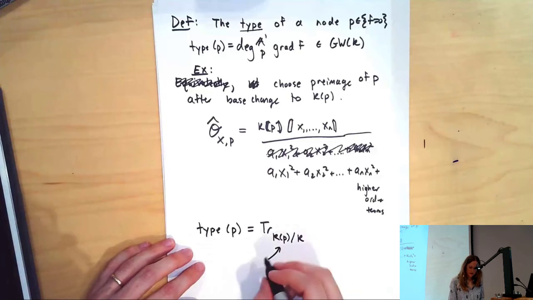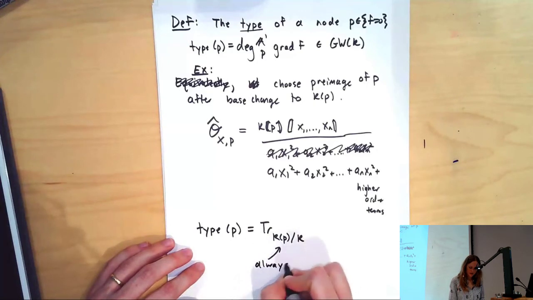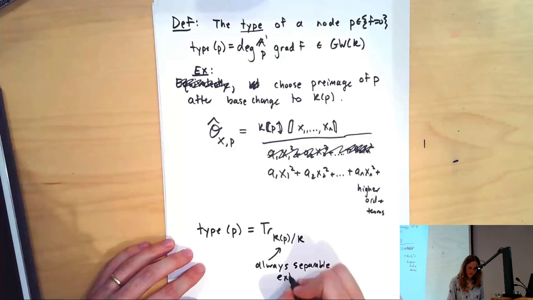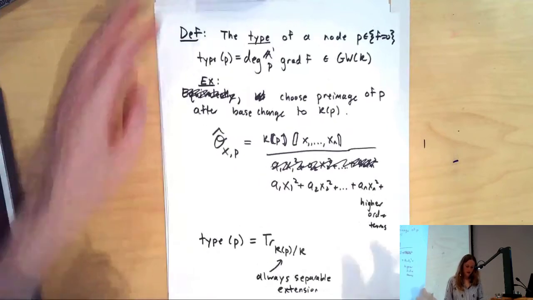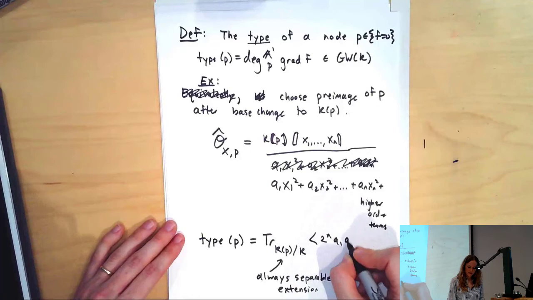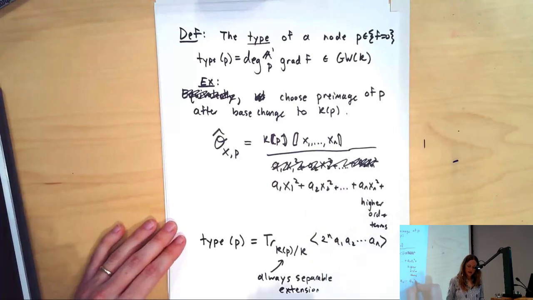That's in SGA. So it's the trace of the separable extension of 2^n a1 a2 ... an.